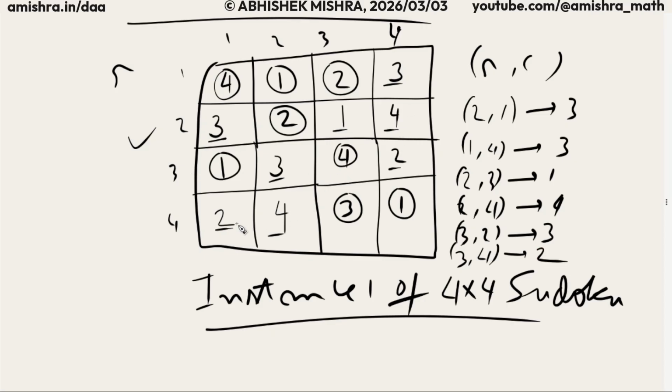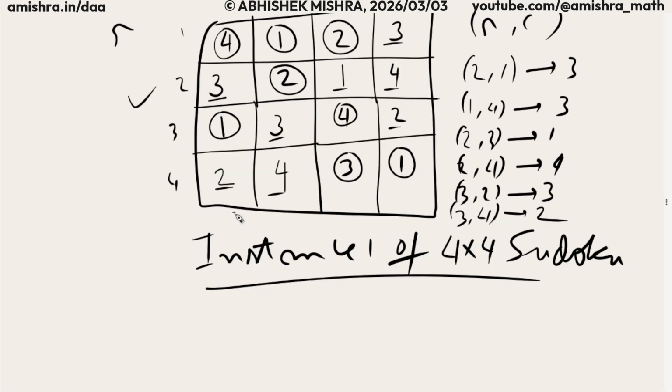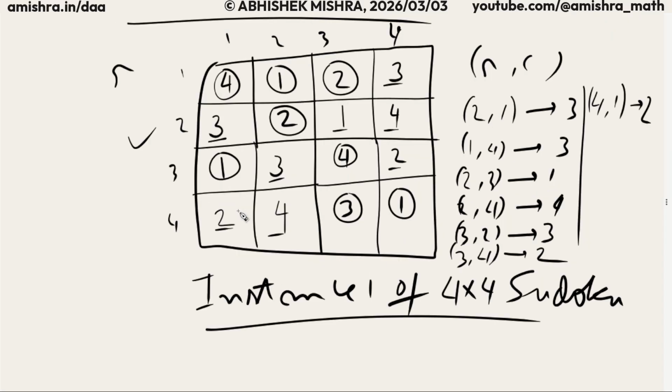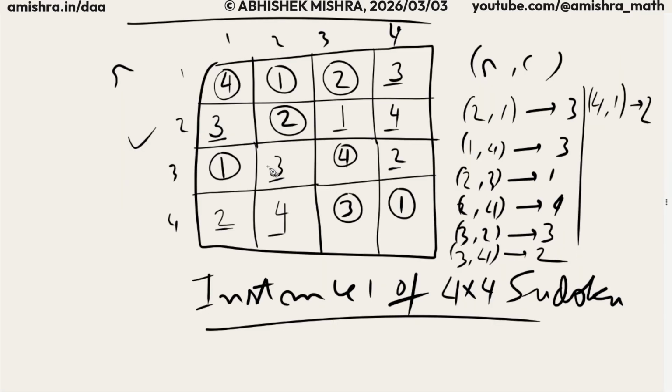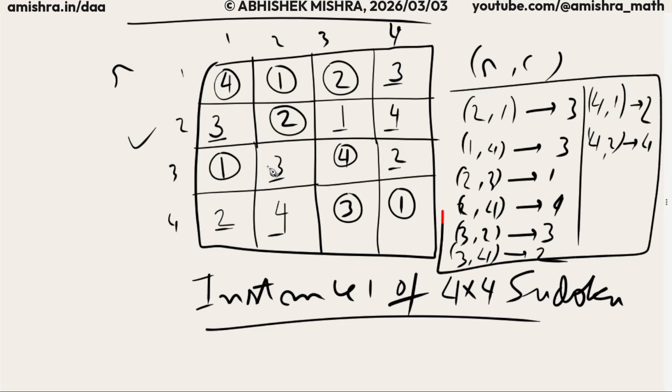Then fourth row first column we have 2. Fourth row second column we have 4. So this is our solution to this instance of the Sudoku problem.